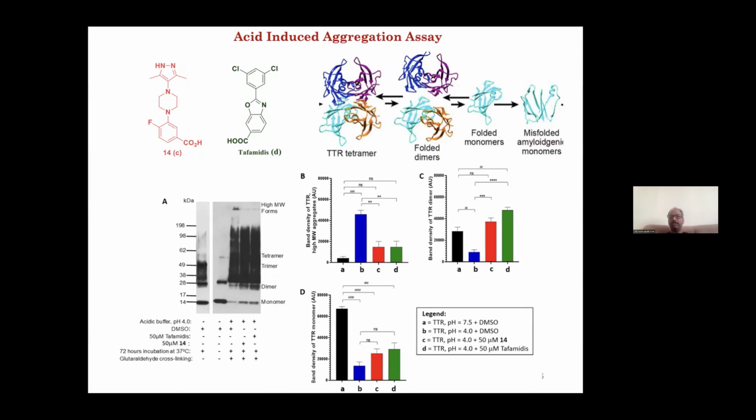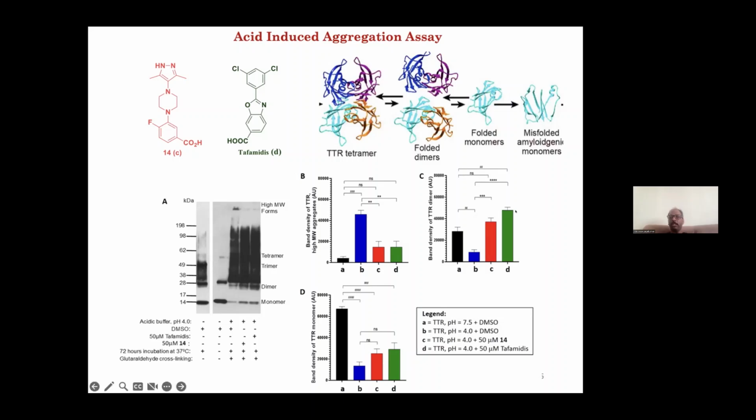The same is the case with the reported compound, shown in D at acidic pH with 50 micromolar tafamidis. Still, it shows the same reduction of the tetramer dissociation. So by this graph B, we can say that our compound is able to decrease the dissociation of the tetramer.